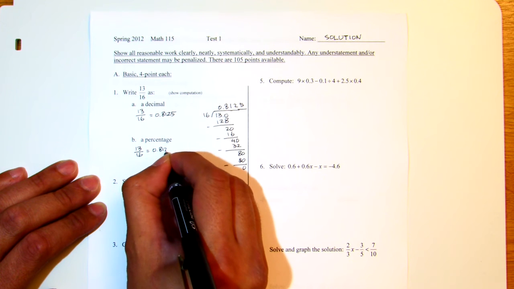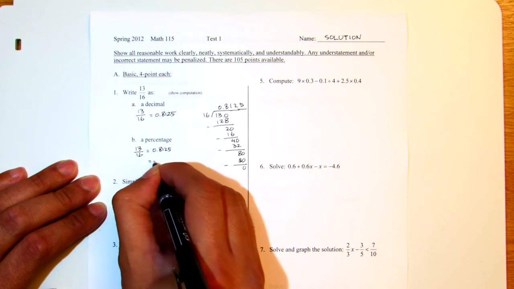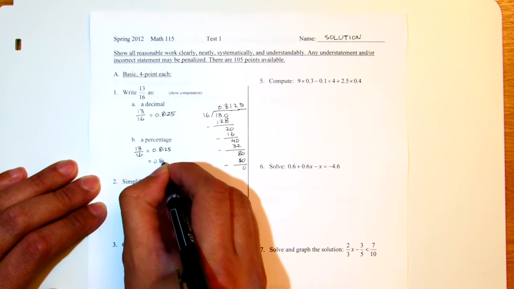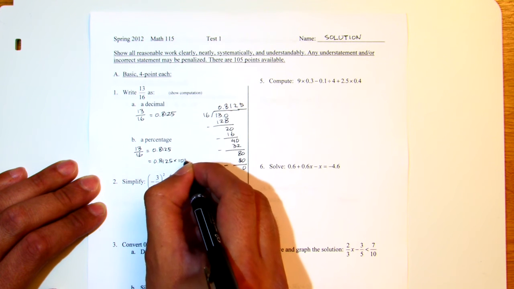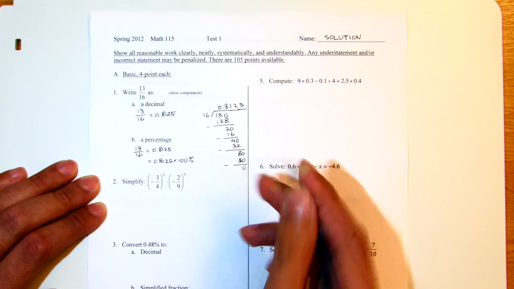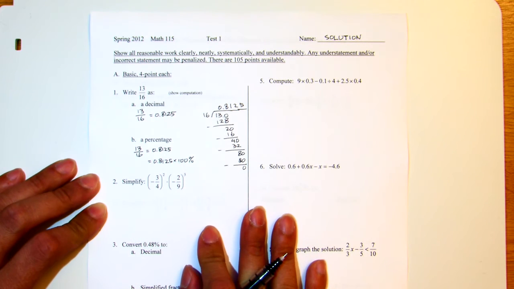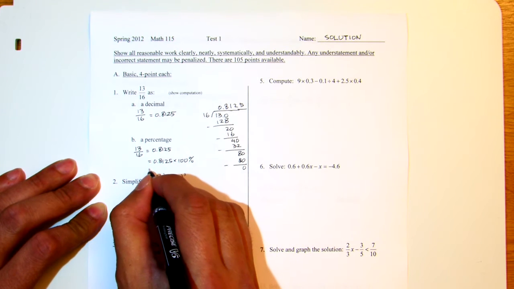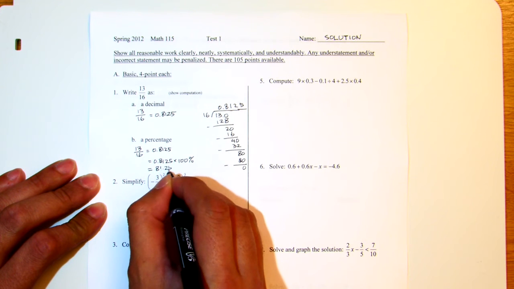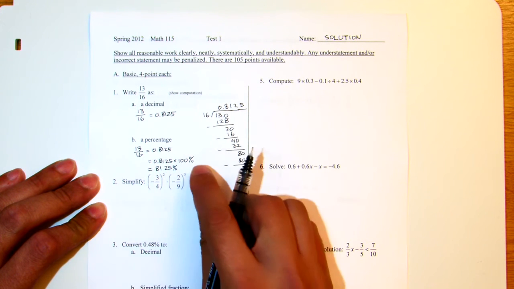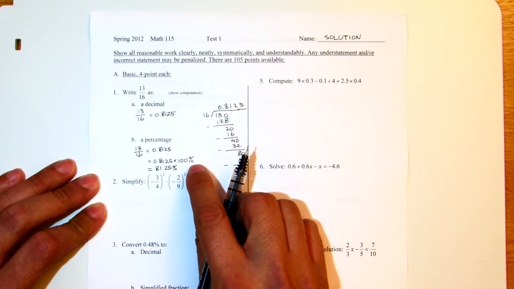Then, to convert that fraction to percent, I will utilize the decimal I already have in part A, and from there I change it to percent by multiplying by 100%. Now remember, we are not multiplying by 100. We multiply by 100%. In other words, you need to show the percentage sign here.